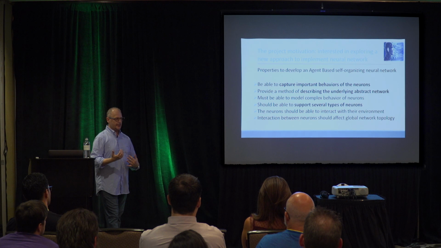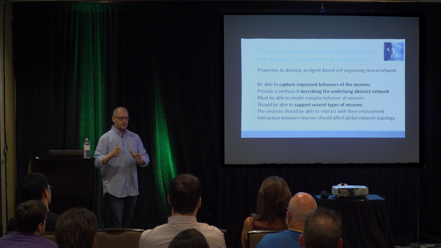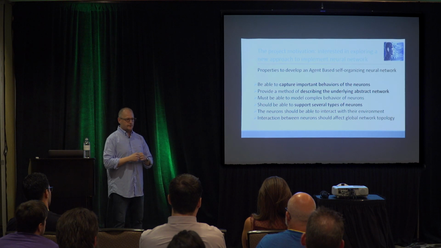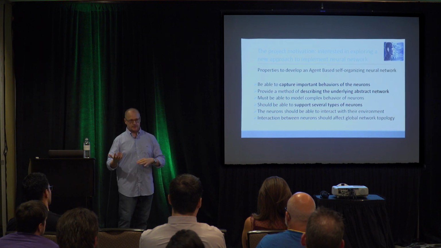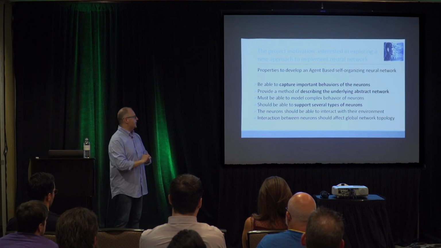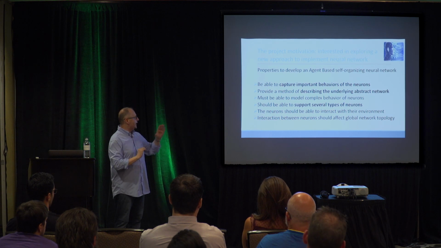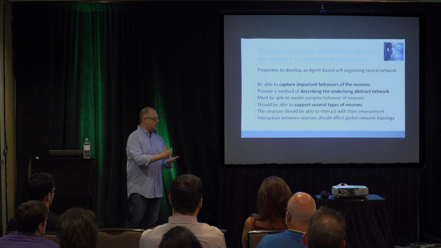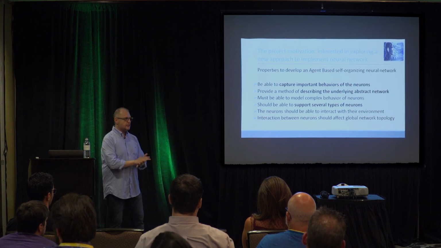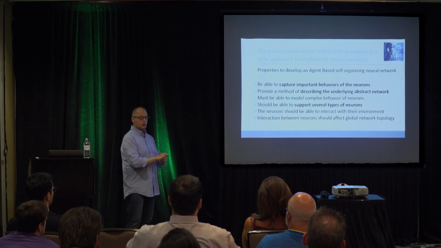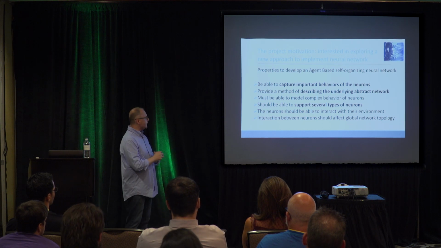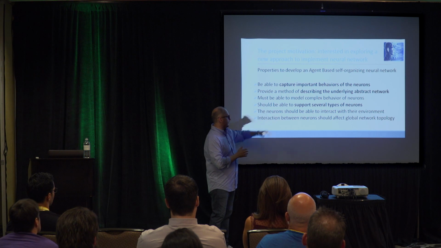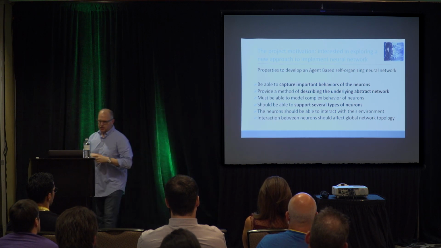I'm not going to go into detail, but for instance, when the last layer is a softmax, it's a little bit different from an output that doesn't use softmax, right? Because the calculation is slightly different. But overall, using the actor model, you can change behavior in the actor based upon the message you receive. So I think it's very cool that you don't have to change anything. Again, it supports several types of neurons, and it's able to interact.